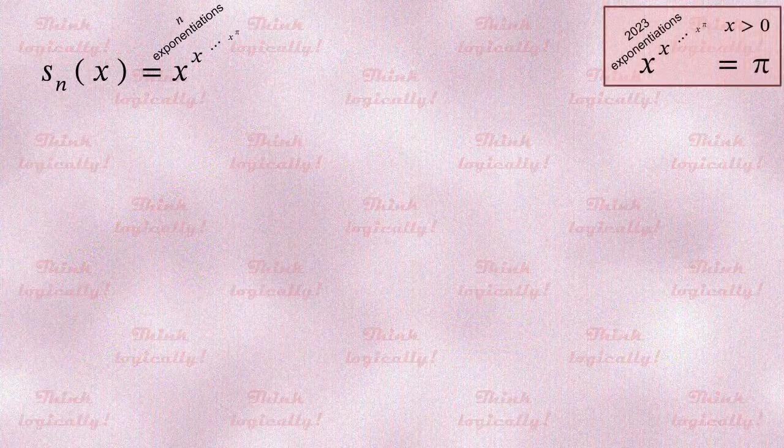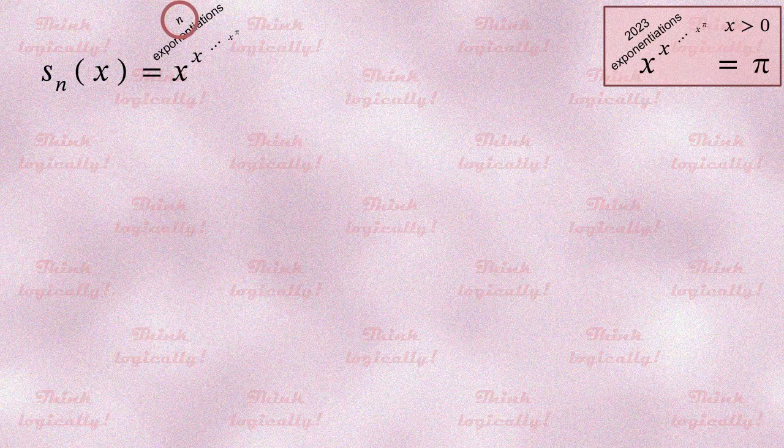Let s with index n be the result of n exponentiations. Of course, the value of s depends on x. However, we will assume x to be given and write just s sub n. All these s's form a sequence that can be defined recursively.